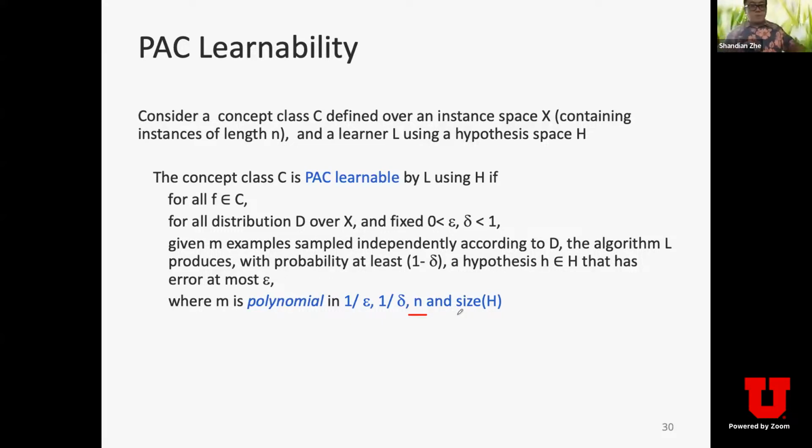So basically what that means is, if your L can PAC learn this type of target function, then L doesn't use too many training examples. It just uses a polynomial number of training examples to achieve any probabilistic statement of its performance.